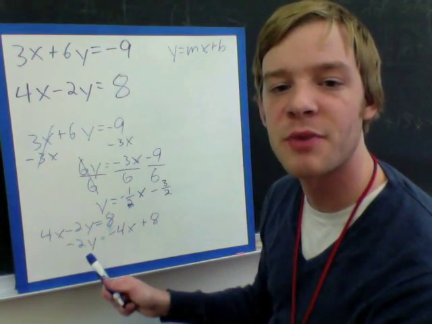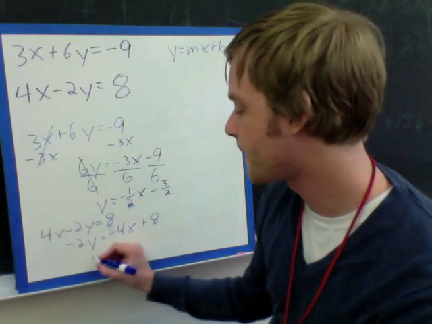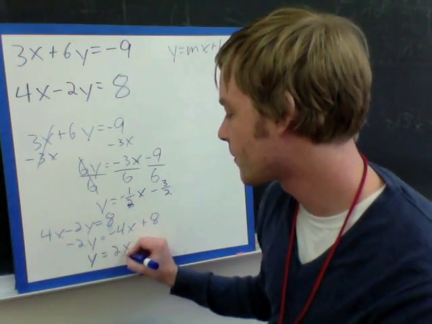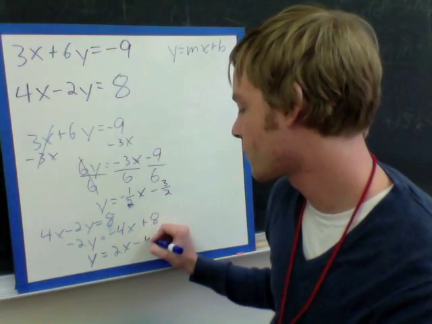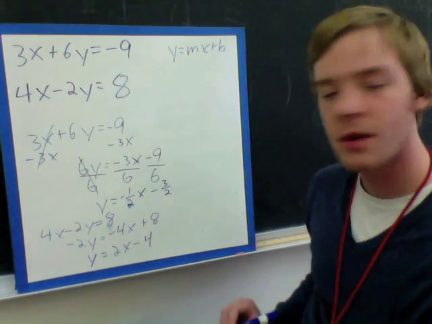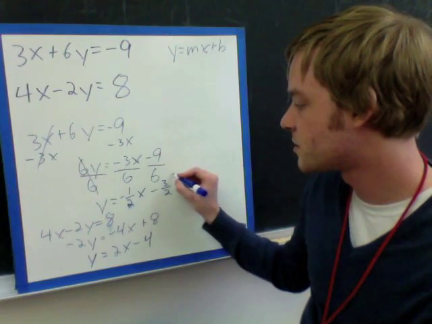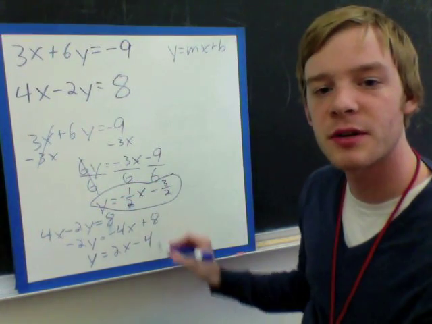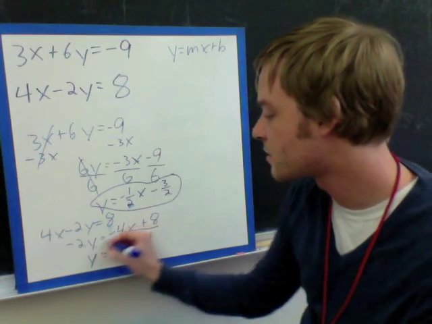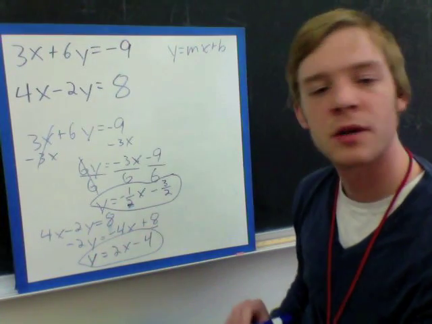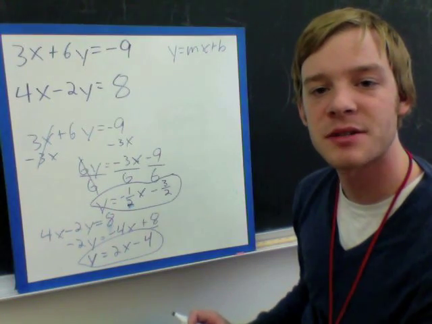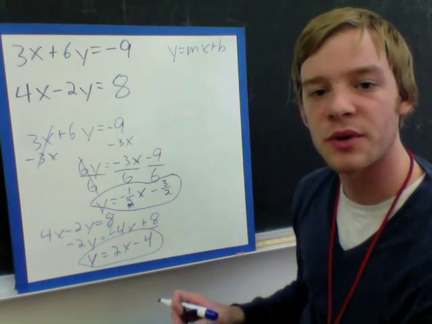And then I'm going to divide both sides by negative 2. So now I have two equations, this equation right here and this equation down here. And I'm going to go ahead and write these on the next slide so we can graph them out.